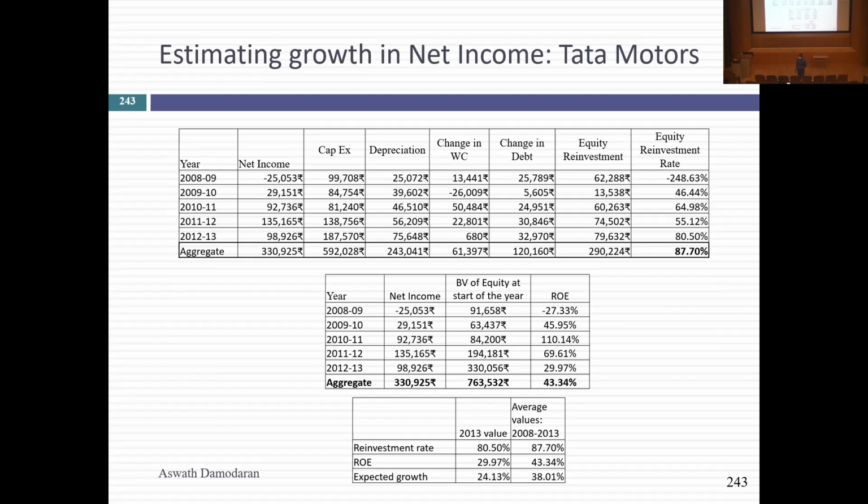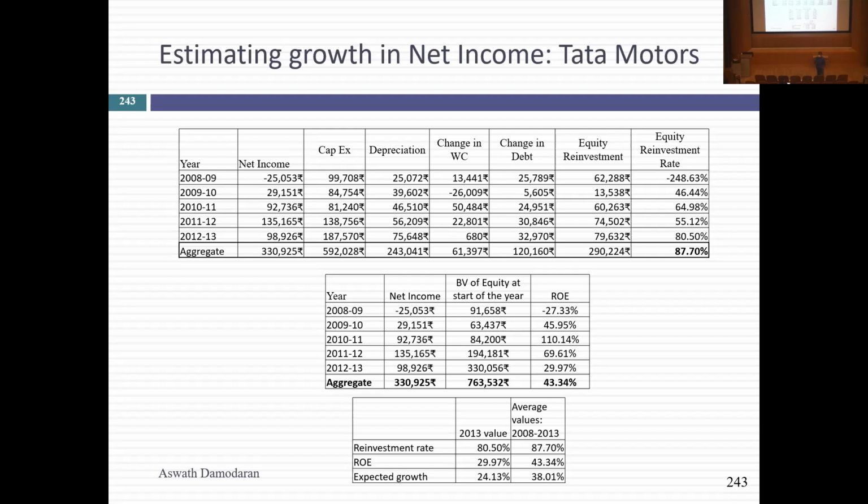Because they're reinvesting. Their return on equity over that period was so high, I don't believe it. There's something weird going on. No, automobile companies don't make 43% returns on equity, but this can happen, right? You have accounting numbers, who knows what you're writing off, what you're leaving in.